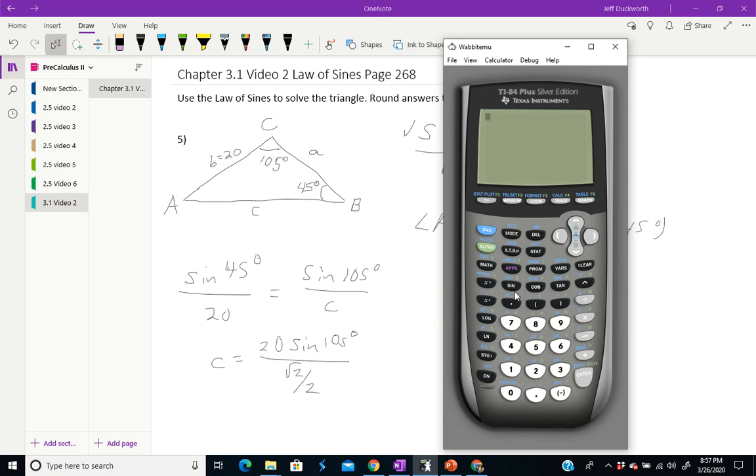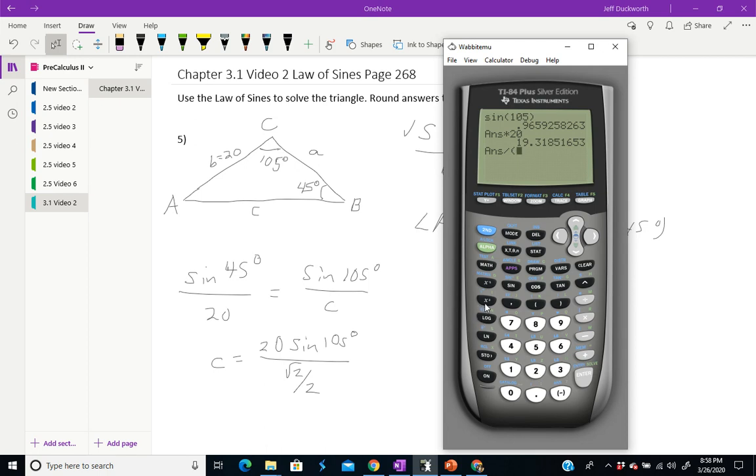So our sine button is right there. We're going to put in just 105. It knows it's degrees. I'll hit enter. So that's the sine of 105. I'm going to multiply that by 20. And I'm going to divide that amount by our denominator. So I'm going to divide by, I'll use parentheses here so I do the whole thing, root 2 over 2.